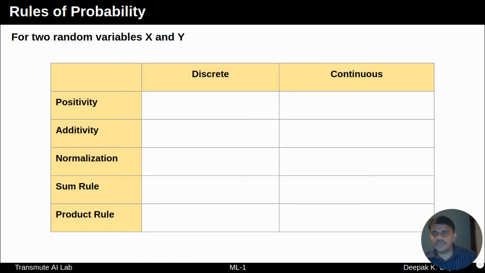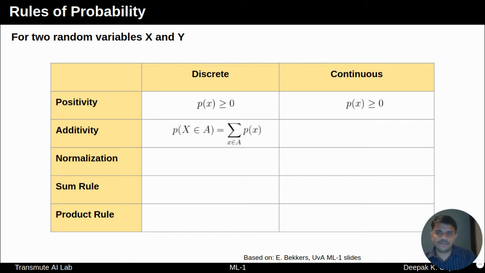So now putting all the rules of probability that we read for discrete random variables and translating them for continuous random variables: positivity for both cases. The probability of a certain x in the discrete case, in the continuous case x will be an interval. For both cases, it will be greater than or equal to 0. For additivity, the probability that the random variable x belongs to a subset A will be the summation across the probabilities for every element of A. So every possible value of x in A, we just sum across the probabilities.